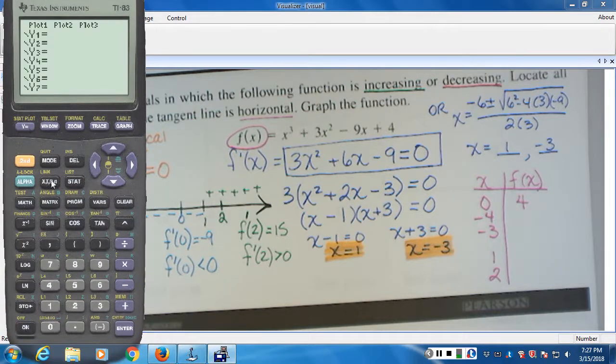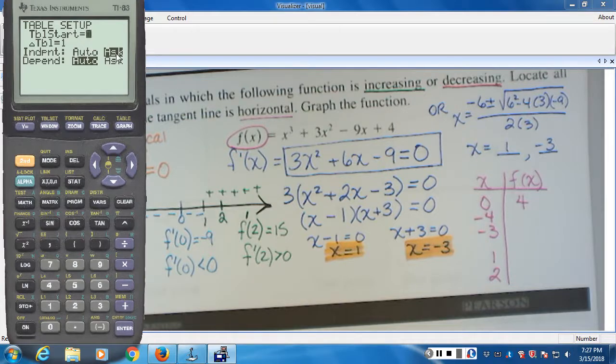So my function is x to the third plus 3x squared minus 9x plus 4. I'm going to set my table up to let me ask for x values, because I don't want to see every x value it knows.